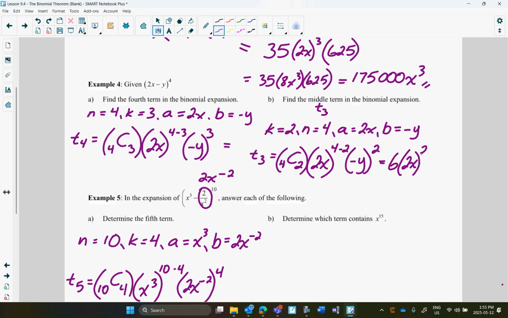This is the same as 2x squared. -y squared is the same as positive y squared. That's 6. What's 2x all squared? 4x squared times y squared. And that gives me 24x squared y squared.